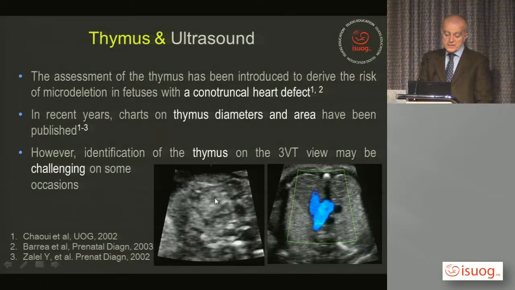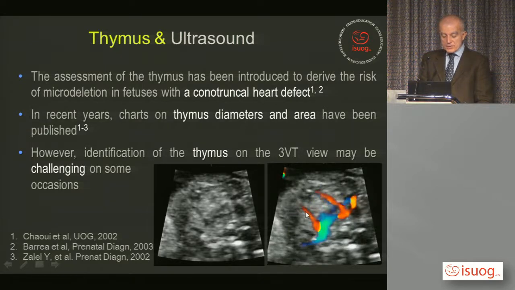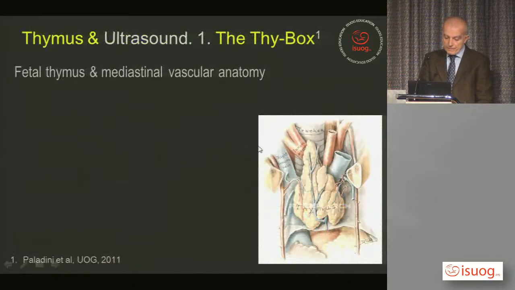Believe me or not, this is the thymic area, and here's the thymus, but you do not see anything here. If you use this image, you have the borders of the thymus highlighted by the two internal mammary arteries that course parallel alongside the thymus and identify, between the sternum in the front, the innominate vein behind, and the two mammary arteries, what I call the thigh box, the area where you should look for the thymus.